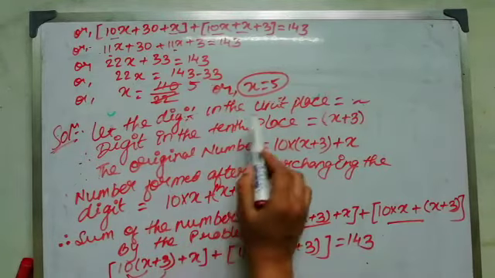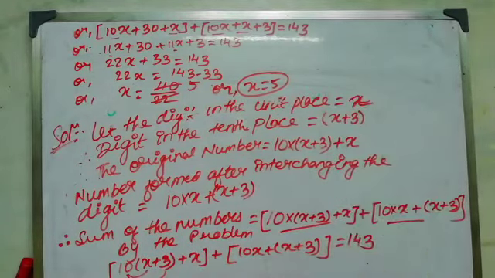See, the digit in the unit place is x, so the digit in the unit place will be 5.